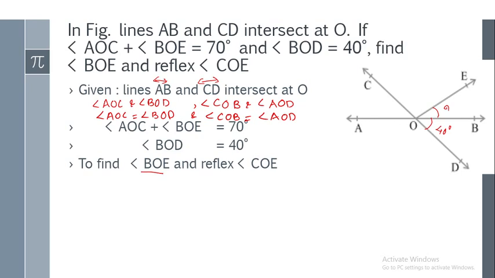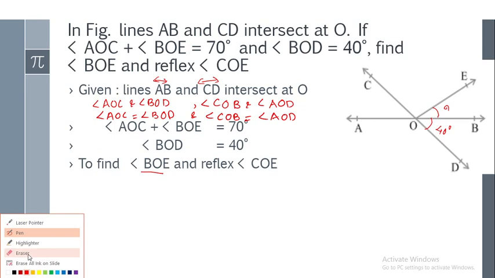Geetika, did you get an answer? Ashish? Okay. Try to solve this. First, let us solve angle BOE. Let's find out what is angle BOE and tell me when you get the answer.